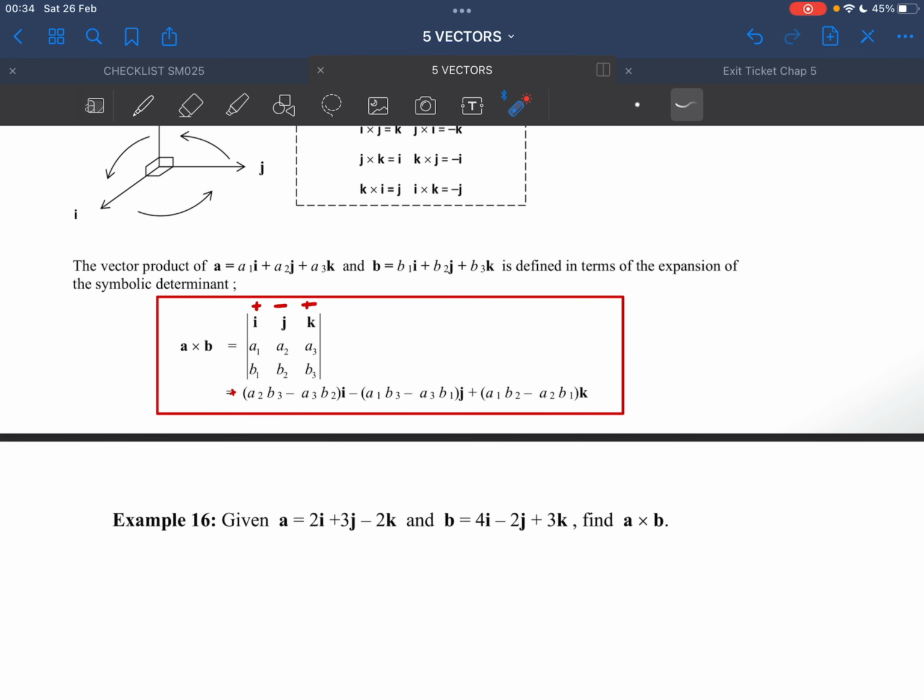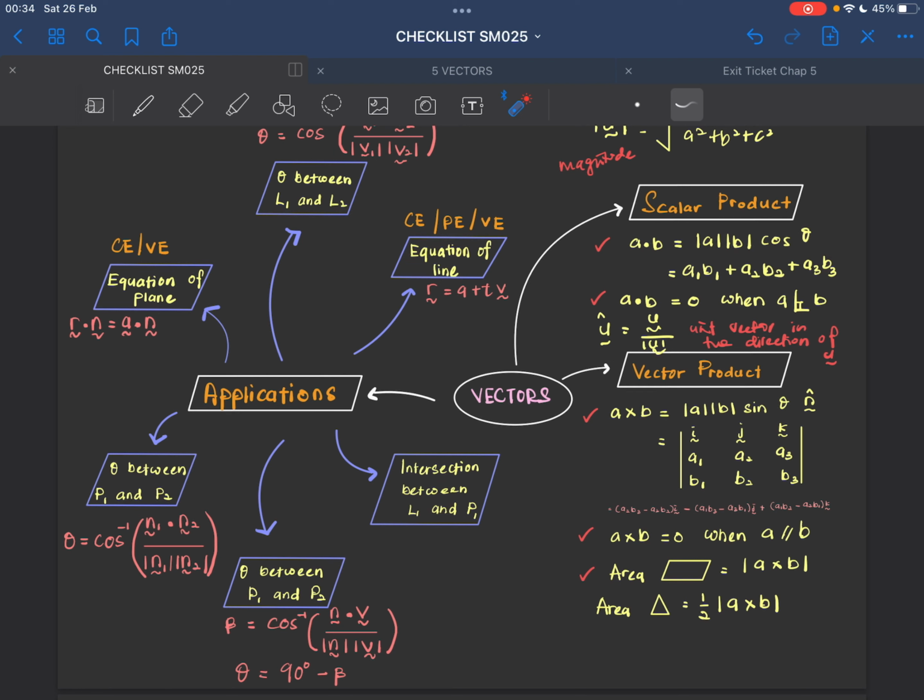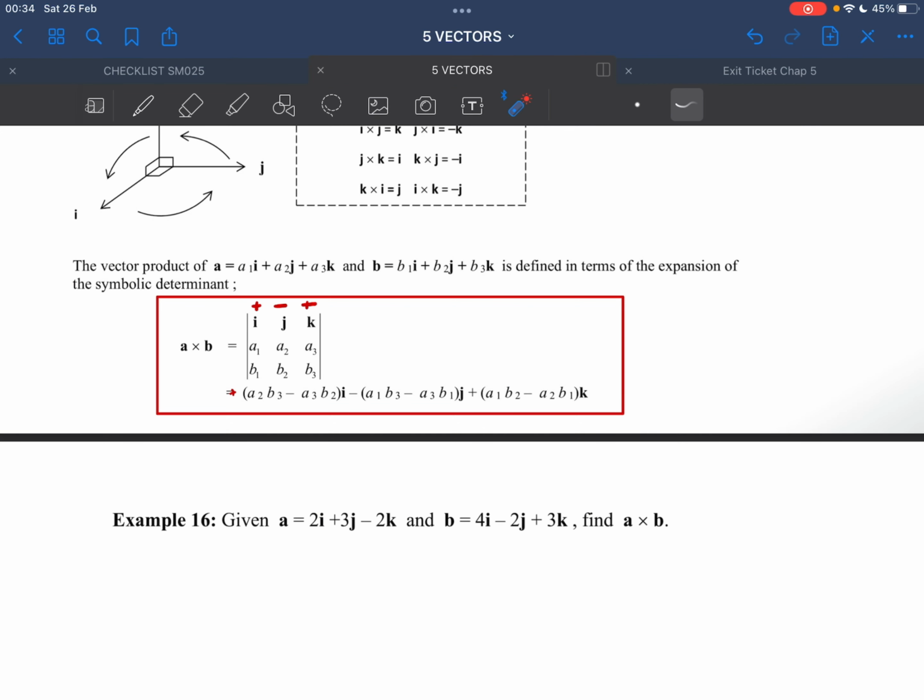So that is how we find the vector product, or the cross product. As you can remember, from the checklist, let's see the summary here. If we do A dot B, A1 B1 plus A2 B2 plus A3 B3, you'll get a value. But if you do your cross product, you'll get a vector.